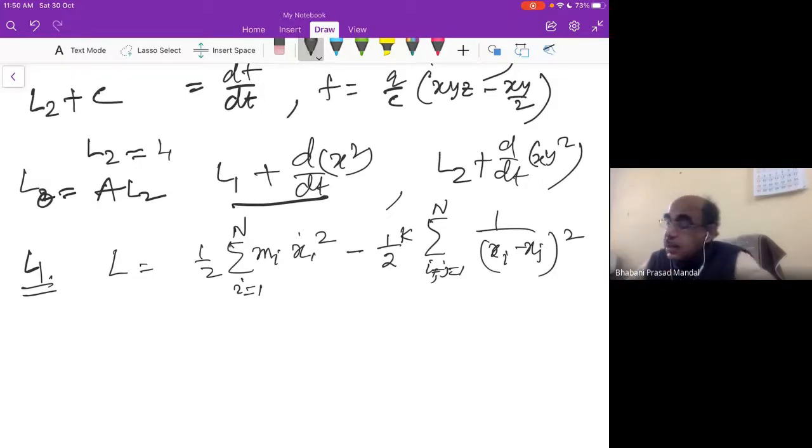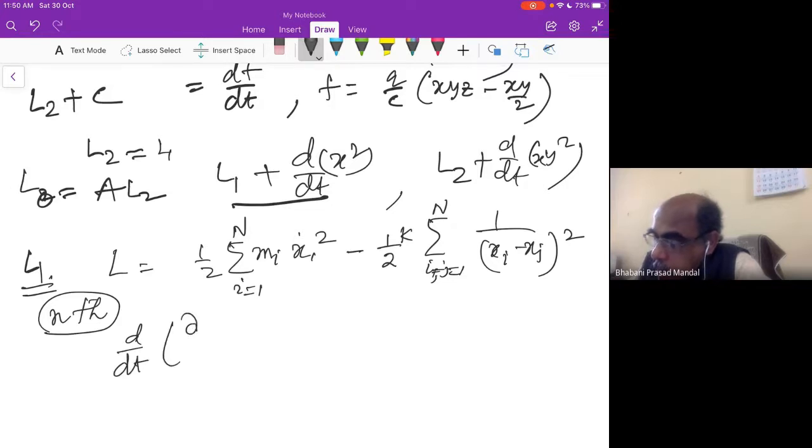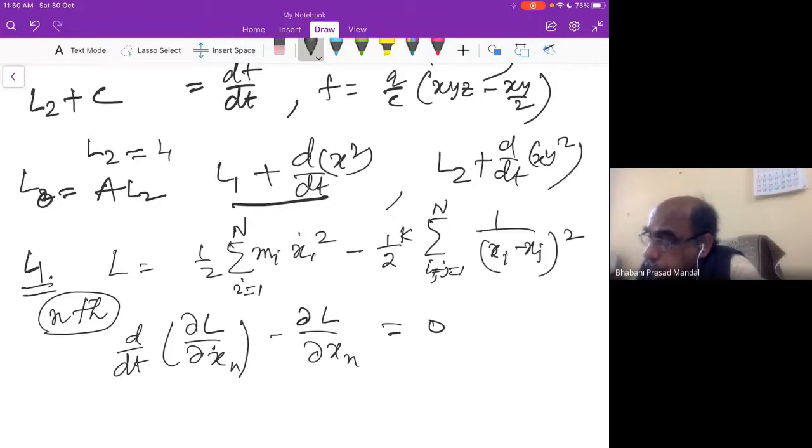This is the Lagrangian, I think. You have to find the equation for the nth particle, which will be d dt of del L del xn dot minus del L del xn equal to 0. You have to calculate these two derivatives.